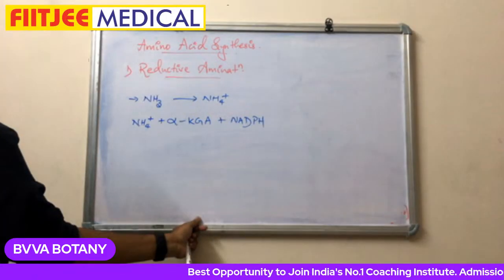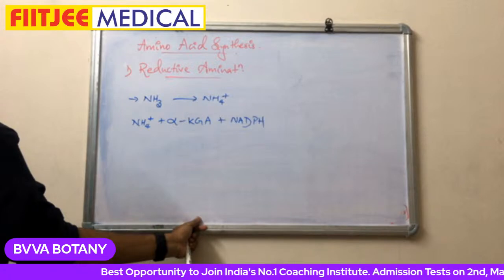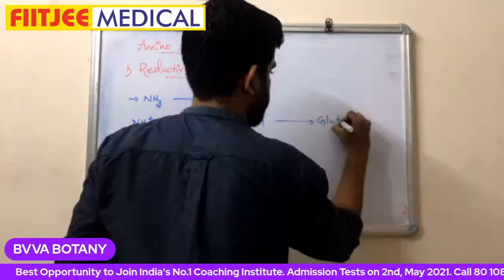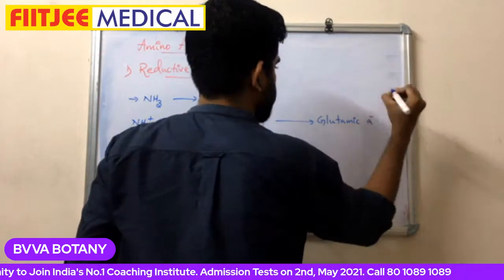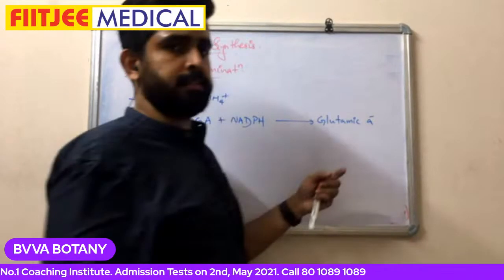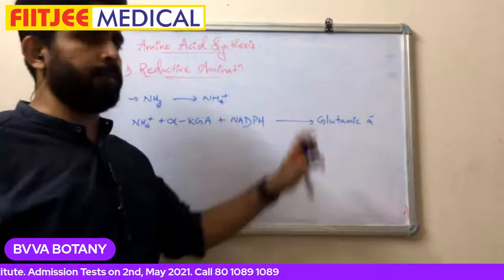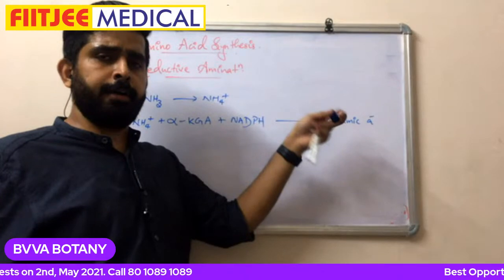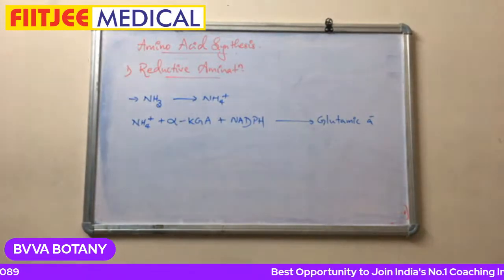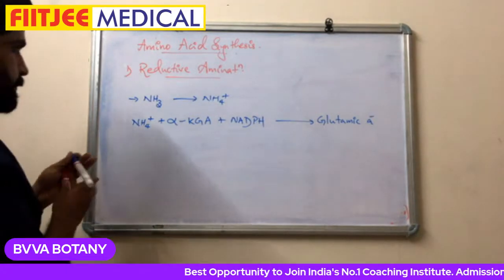In presence of glutamate dehydrogenase, it gives rise to glutamic acid, which is an amino acid. Some kinds of amino acids will be synthesized, which ultimately form a protein at last. Our second one is transamination.